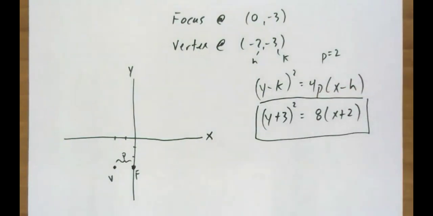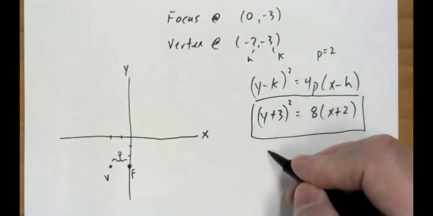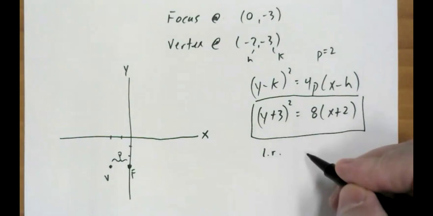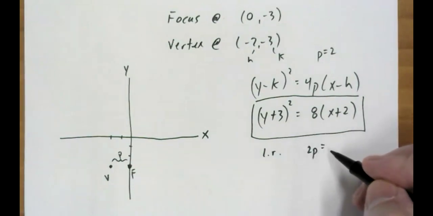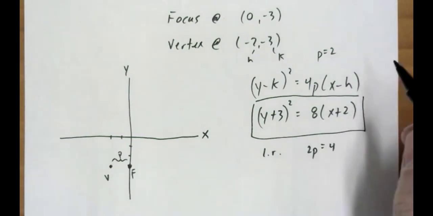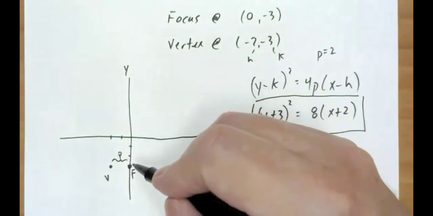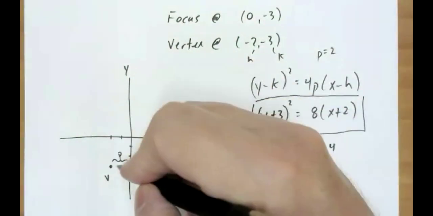We'll enter that into the computer in a few minutes. Now we need to find the 2 points for the latus rectum. And for the latus rectum, we calculate 2p. Since p is 2, it's going to be 4. So what you do is, from the focus, I'm going to move up 4 and down 4.